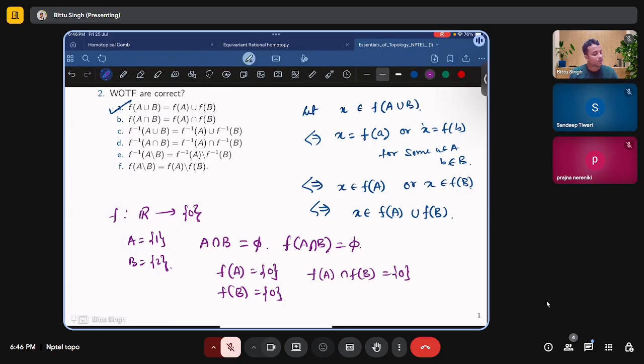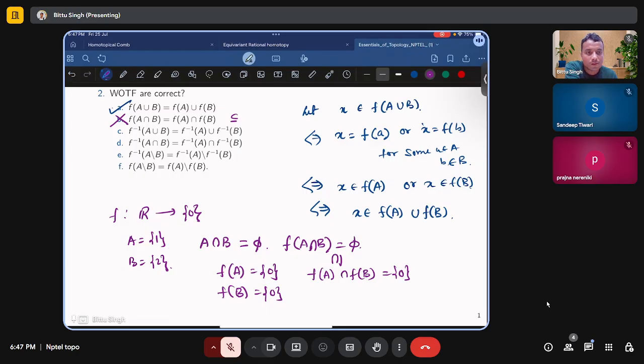So you can see that this is smaller than this. Okay, so this is not true. Equality does not hold, only one side of the inclusion holds. f of A intersection B is contained in f of A intersection f of B.